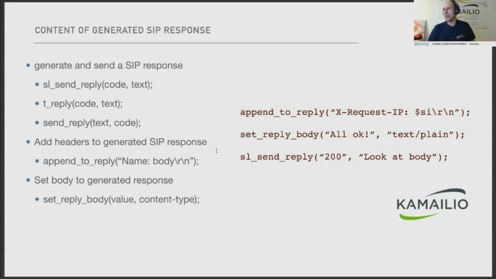We have here X-Request-IP: $si, that's again the source IP variable, and then the end of the header with \r\n. You can provide more headers in a single parameter or use the function many times. And then you can also set the reply body, again with the content of the body and the content type header value. Then you can simply use the usual functions for sending replies, like sl_send_reply for a stateless reply, or t_reply from the TM module in the case of transaction stateful mode.